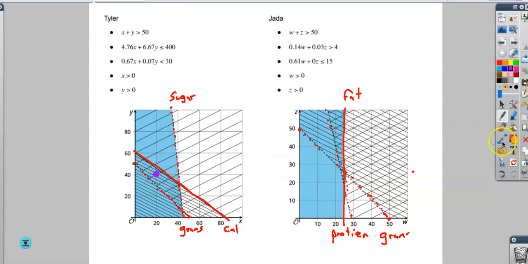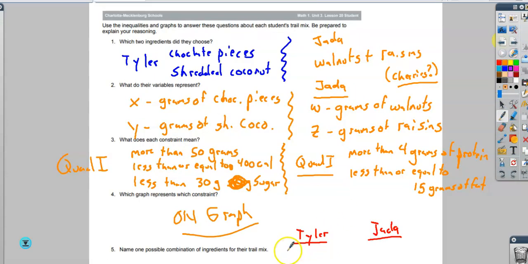So we could say for Tyler, he's going to have 20 grams of chocolate pieces, right? And 44 grams of shredded coconut. So that's one possible solution that would fit all of these constraints based on that graph.